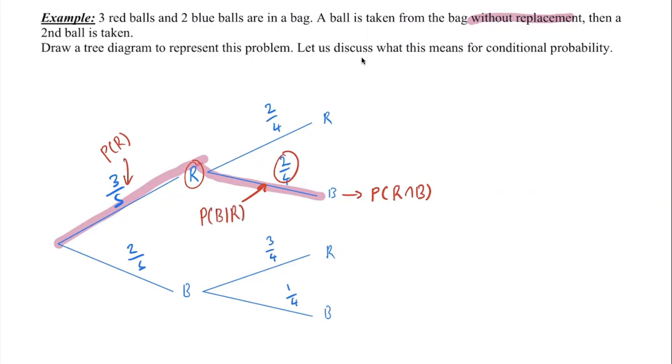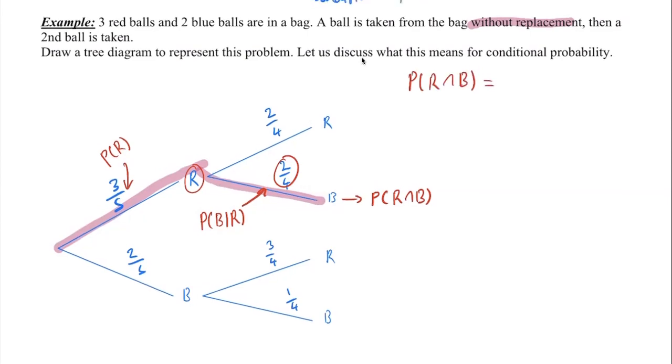Now, remember, what do we do when we go along the branches? We multiply. So I'll write this up here. It's not really important for the answer, just so you understand what we're doing. The probability of red and blue, in that order, is equal to 3 out of 5 times 2 out of 4. That's what we would normally do.